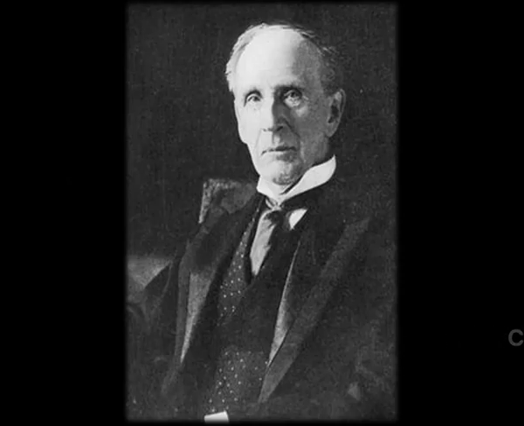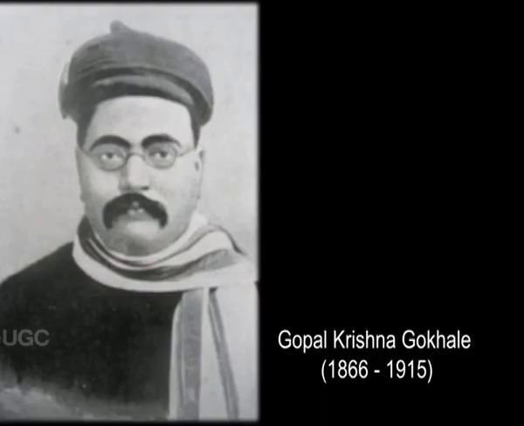Morley, true to his liberal conscience, made a declaration in 1906 in the budget speech, partly in response to Gokhale's constant pleading in London that there was an urgency on the part of the British to declare their intent to introduce some principles of self-government in the legislative representation. That was the Congress demand for a long time.